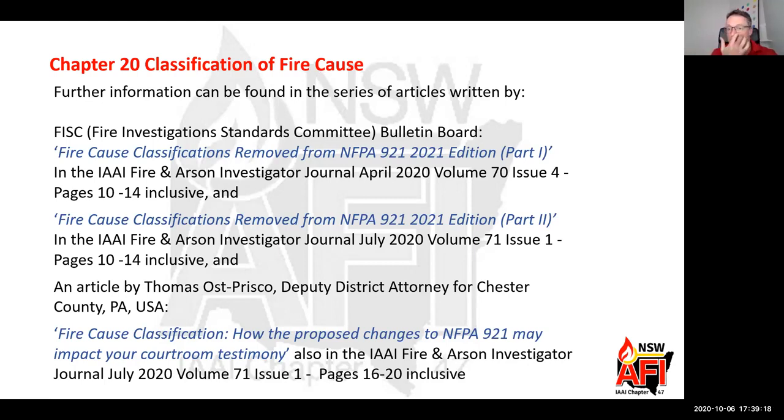public versus private, a public agency needs and wants to have those classifications for its statistical data. Private, I'm not a private fire investigator, but I would imagine that it doesn't really matter in their sense, in terms of they're not opining on intent either, but they want to know just the first fuel ignited and the ignition source as well. But from a public agency, and I do know from under AFAC, we have the Fire Investigation Network.